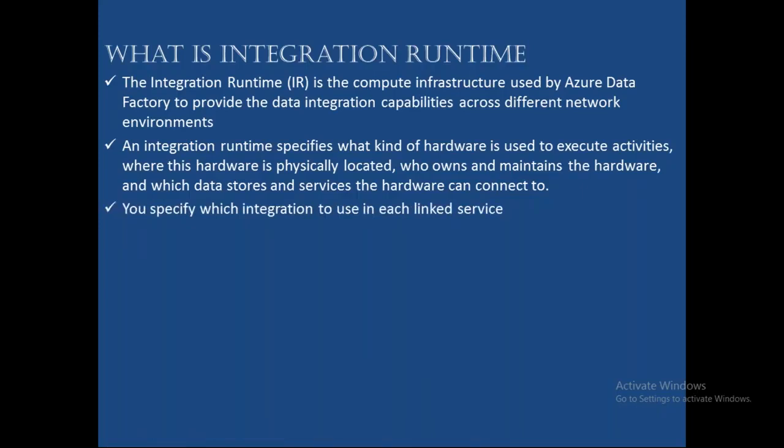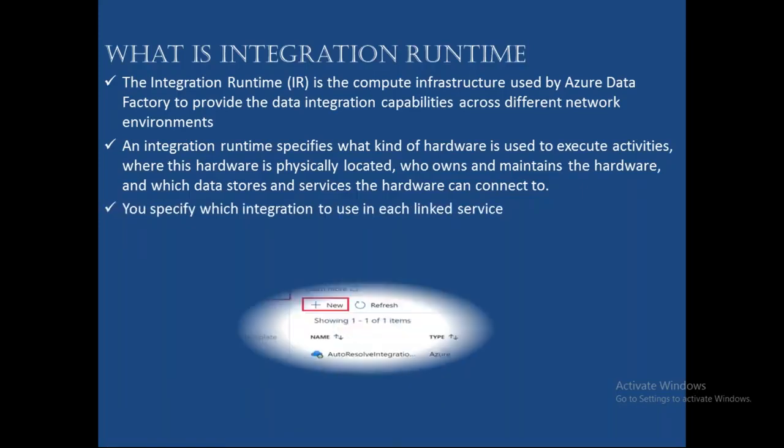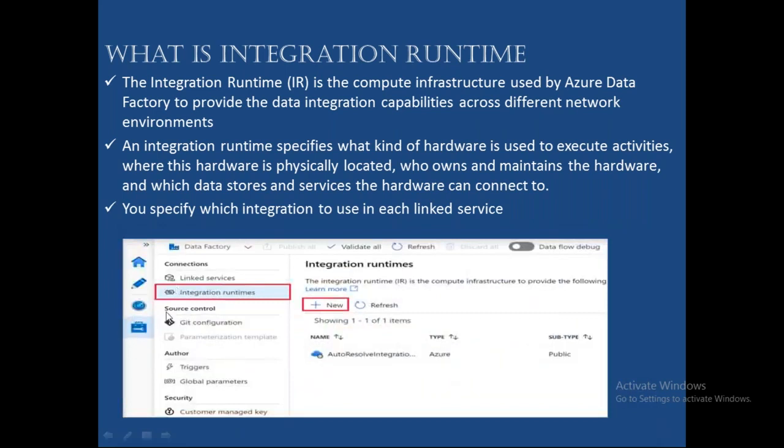You specify which integration runtime to use in each linked service. In the Manage tab, if you go to the integration runtime, you can see the advantage of auto resolve compared to the other types. Auto resolve integration runtime will automatically resolve the region. For example, if you are copying data from India to US, the server will be launched in US.